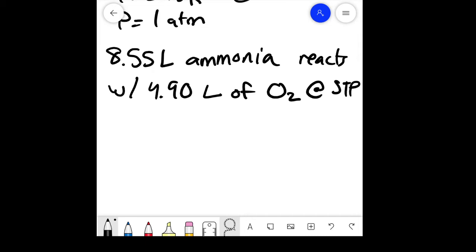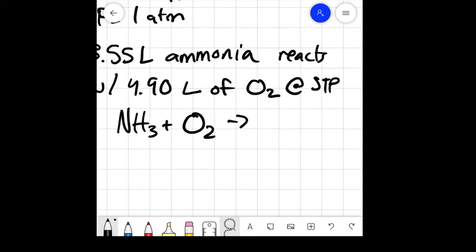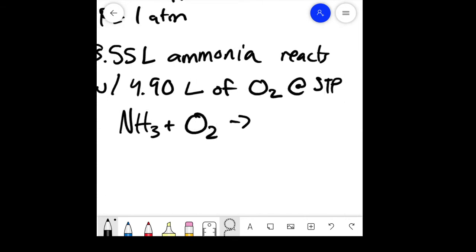What is the excess? The first thing, if you remember for stoichiometry, is you have to write the balanced equation. So we have ammonia plus oxygen gas, which is going to create NO and H2O.